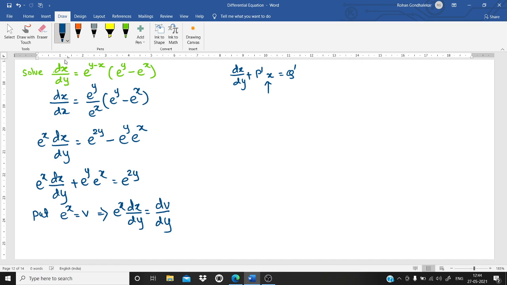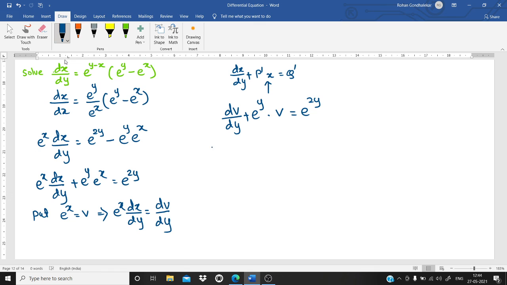So hence our differential equation becomes dv by dy plus e raised to y into e raised to x, which is v, is equal to e raised to y.